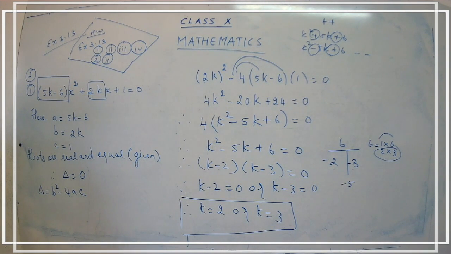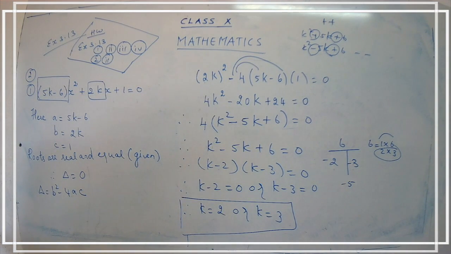You multiply, factorize and get the answer. We have done a lot of sums on factorization in the previous exercises, so you should be thorough with the factorization method. Apply the factorization method and complete the second subpart of question number 2.